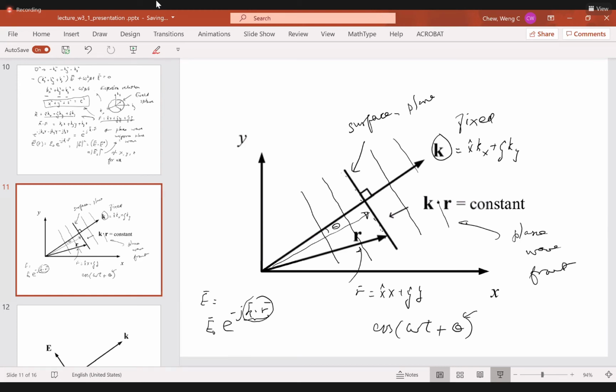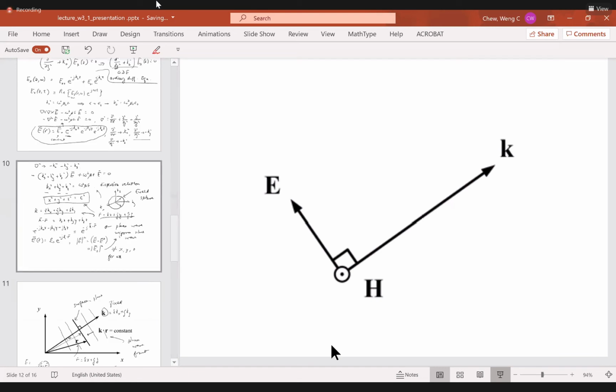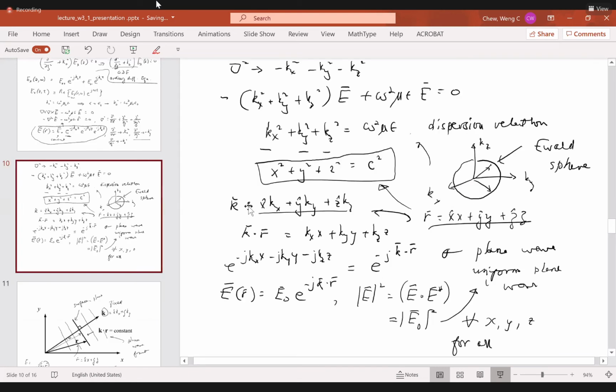So this is beautiful because it gives you a picture of what the plane wave is. In addition, if you go back to the analysis and look at this again, this is your plane wave. You're assuming that the plane wave is something of this form.